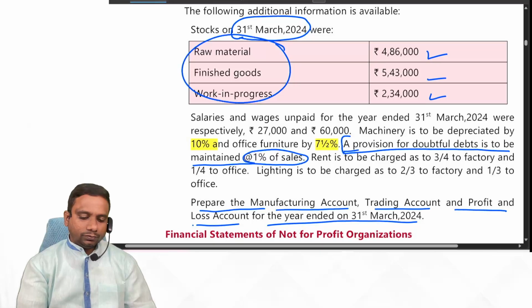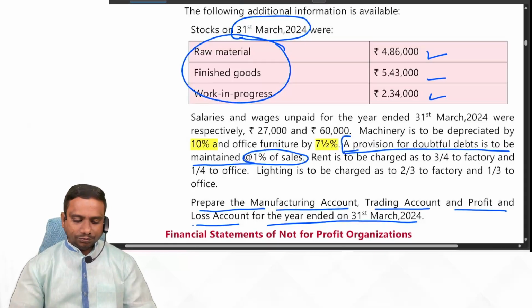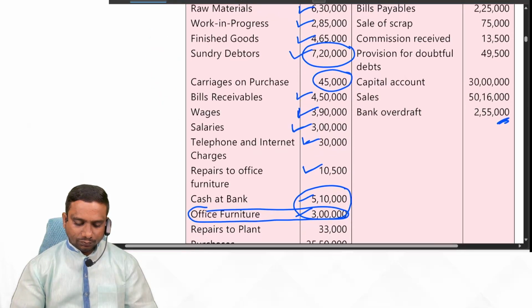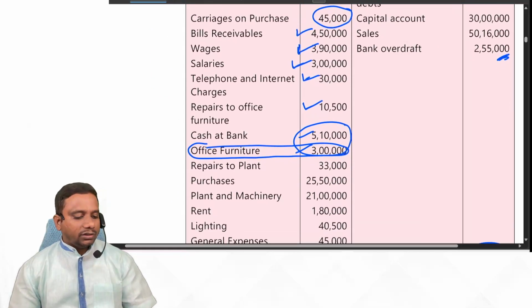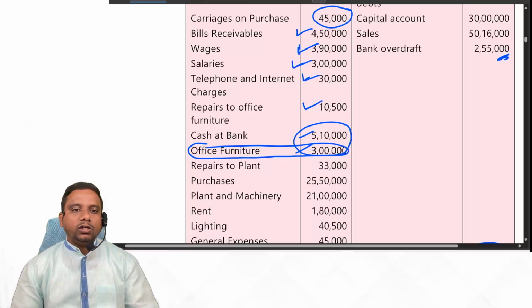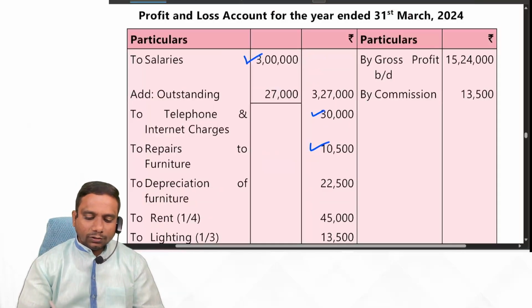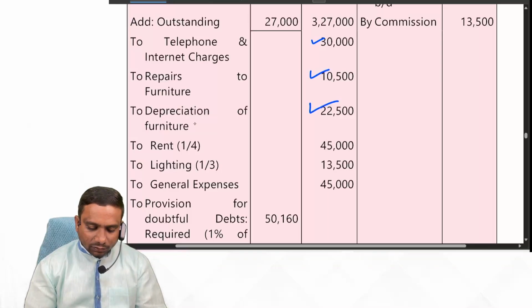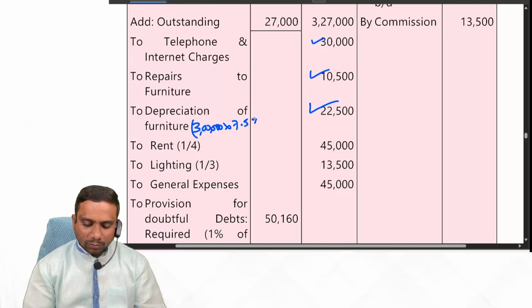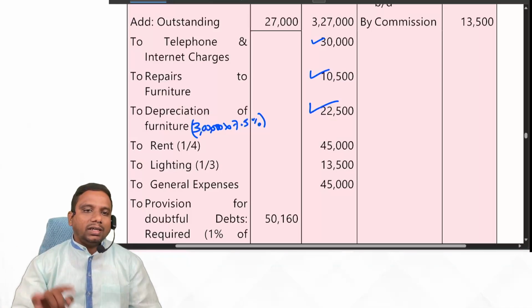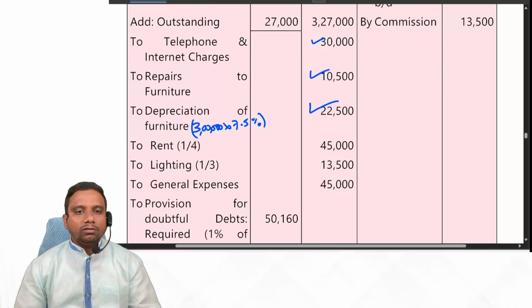What is the value of furniture? 3 lakhs. 3 lakhs into 7.5% is 22,500, depreciation on office furniture. In the balance sheet, we show this furniture again on the assets side, 3 lakhs minus the depreciation.